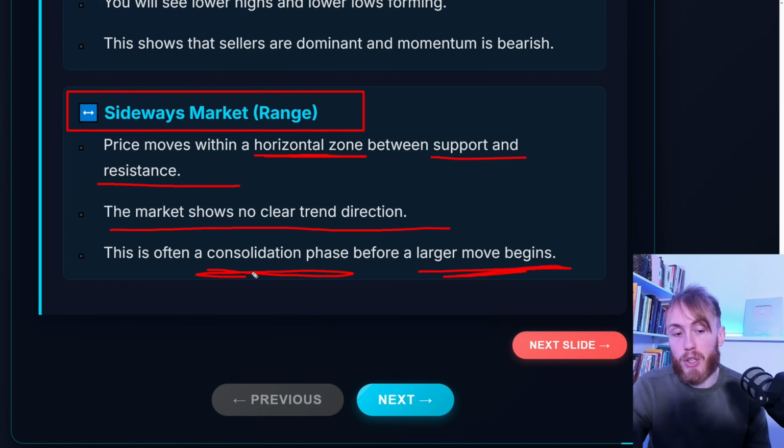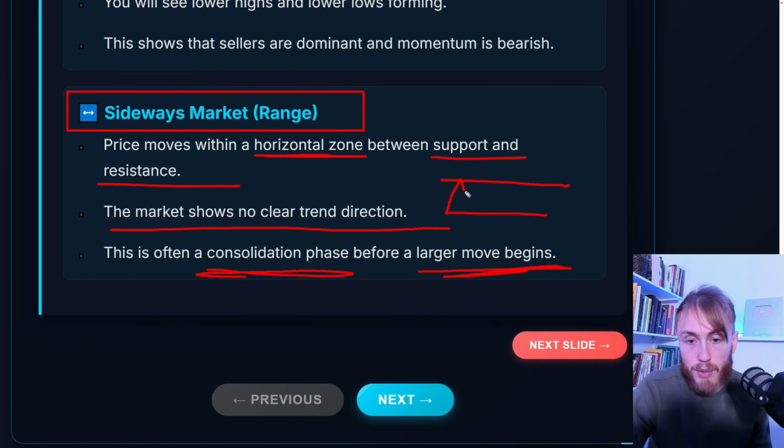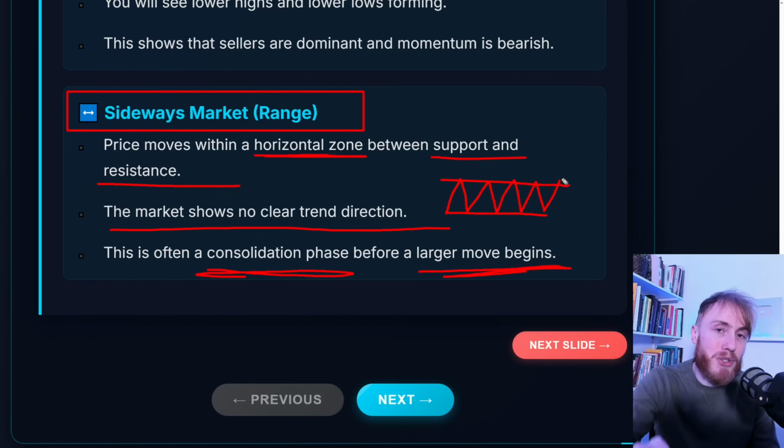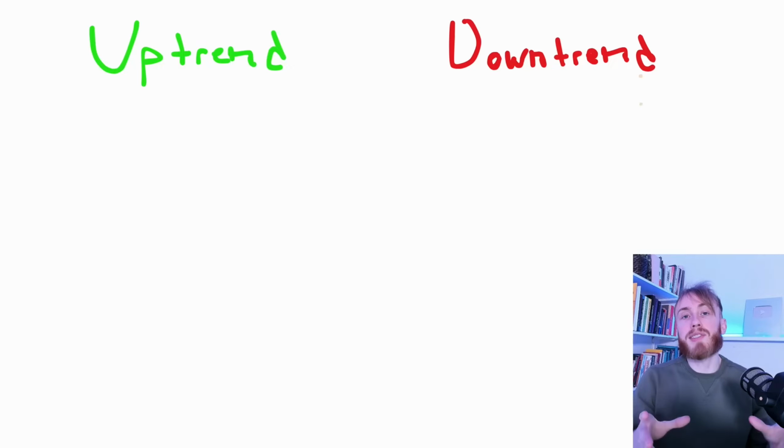And don't worry, you will learn about consolidation later on. But what I already can mention about sideways markets is that a common misconception is that sideways markets are always strictly in between a perfect resistance and support level, but you will very soon learn why this is not the case.